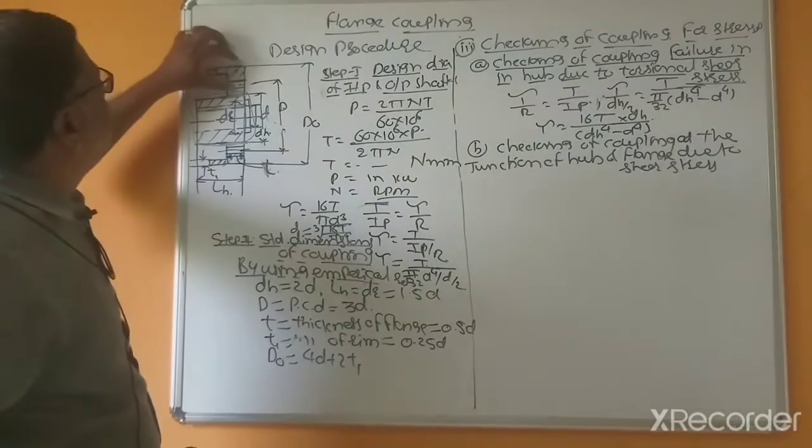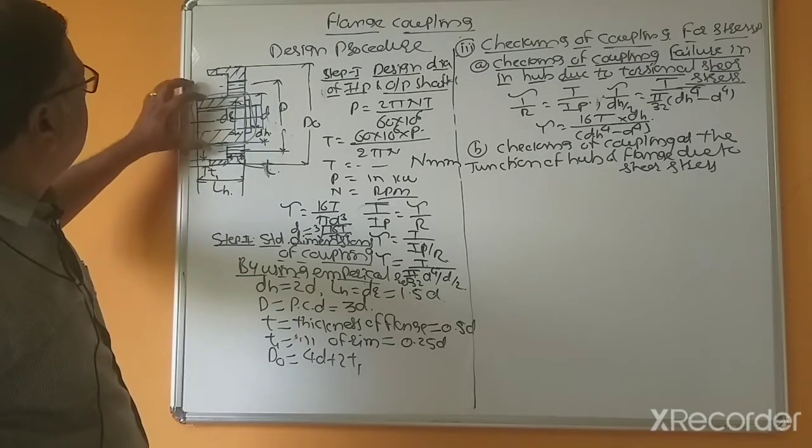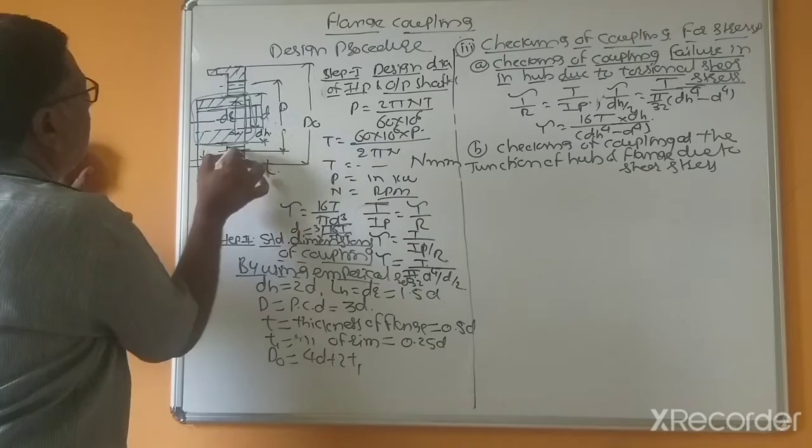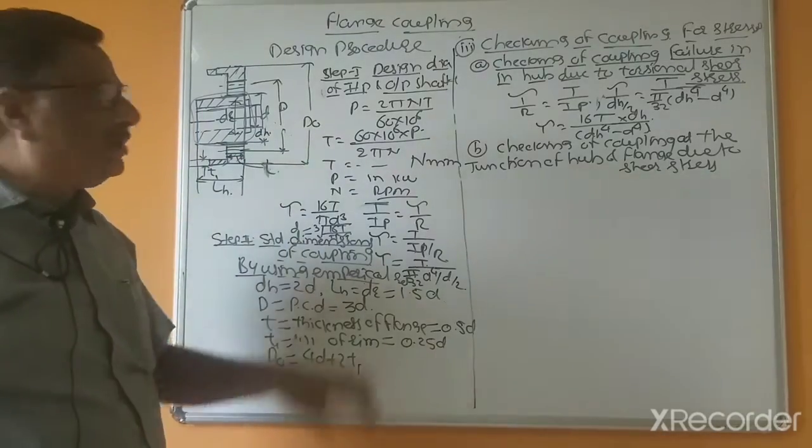Because this is the flange and this is the hub and this is the junction where they are joined, that's why there is a chance of failure of the coupling here.